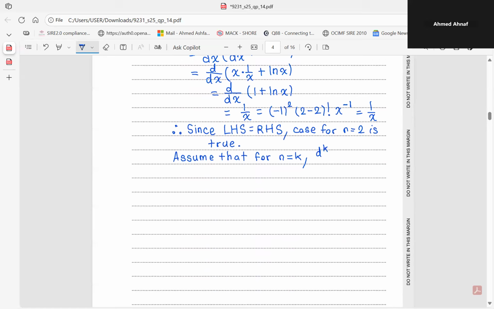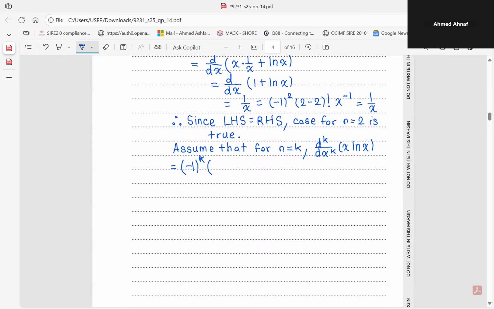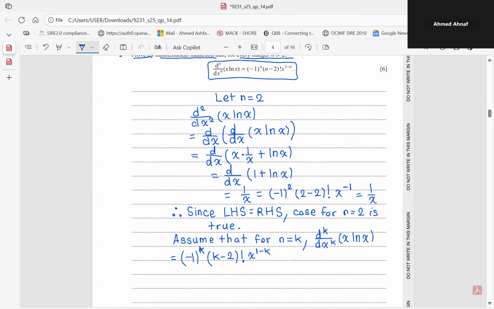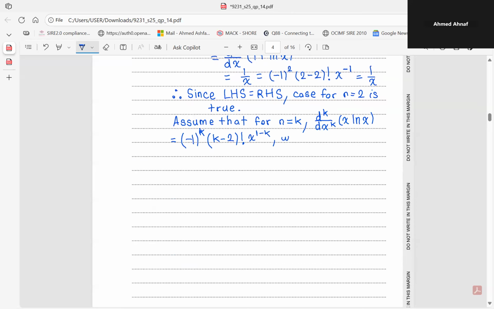So d^k over dx^k of ln x is equal to minus 1 to the power of k times (k minus 2) factorial times x to the power of 1 minus k, where k is a positive integer.